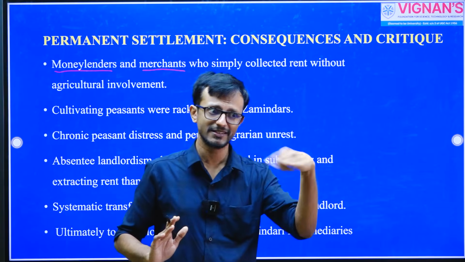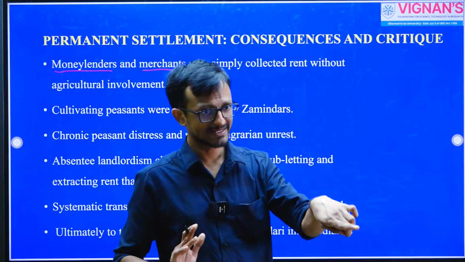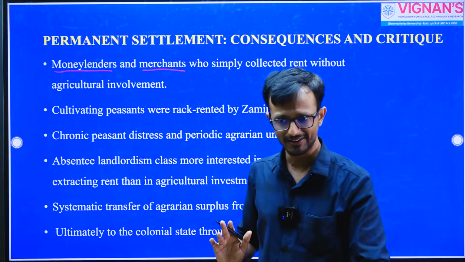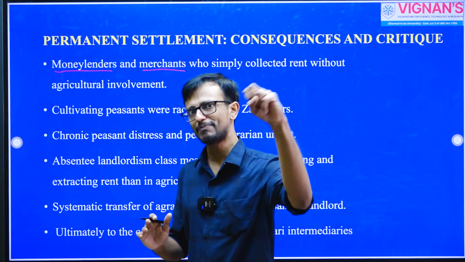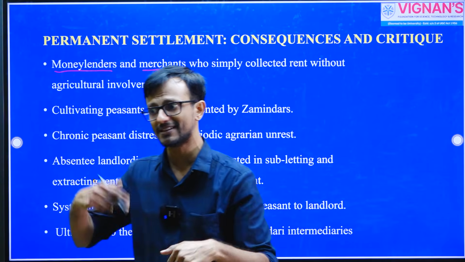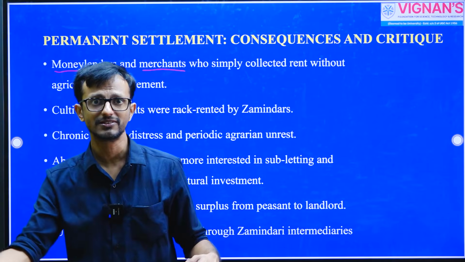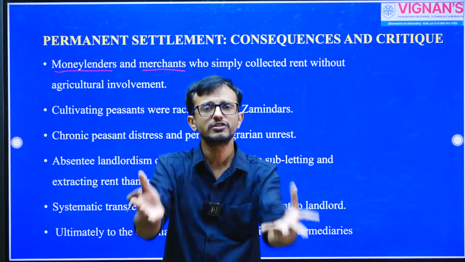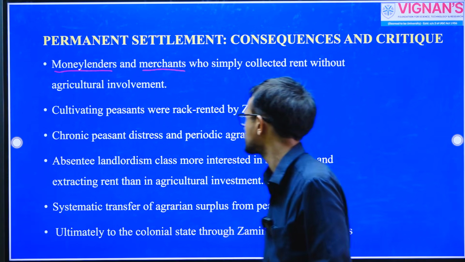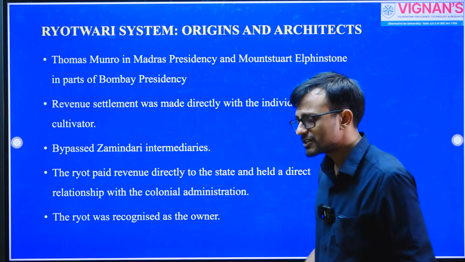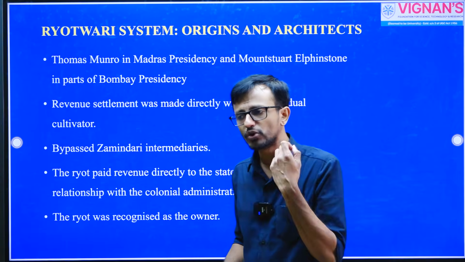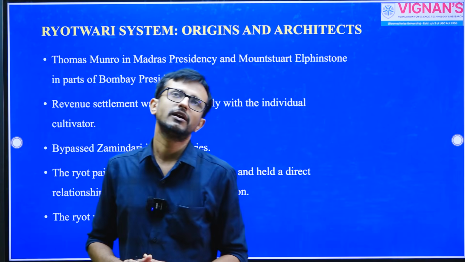Zamindars will force the peasants to pay rent, and these peasants take money from money lenders, and the money gets deposited to the colonial state, but the peasants have to pay money back to the money lenders. So they are being forced into a state of agrarian slavery due to this permanent settlement. So that is why it was a failure, and it had its own share of criticism.